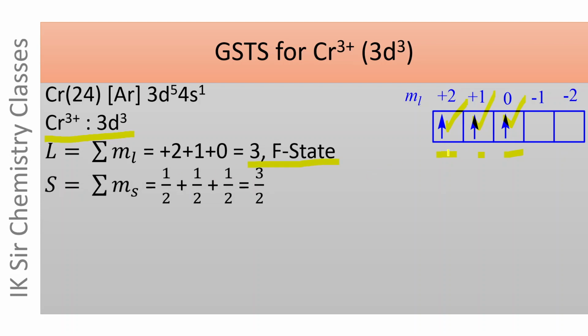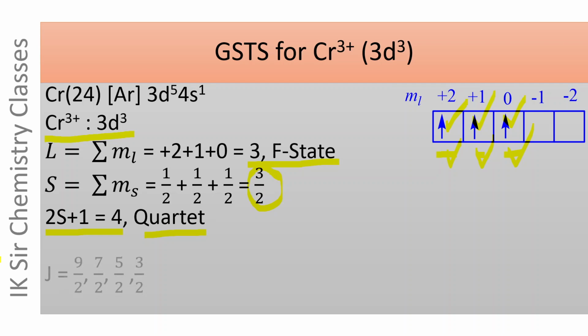Capital S is 1/2 + 1/2 + 1/2, it is equal to 3/2. On putting this value 3/2 in 2S+1, we get a spin multiplicity 4. It is a quartet spin state.